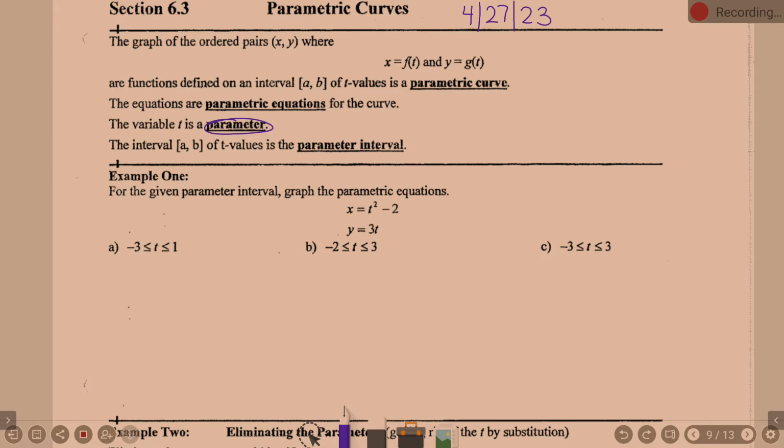For the given parameter interval, graph the parametric equations. And the equations we're being given, can you see them right here? X equals t squared minus 2, and y equals 3t. So this is an x and a y equation that go together. They're in terms of parameter t, but together they form one xy graph, or xy equation.